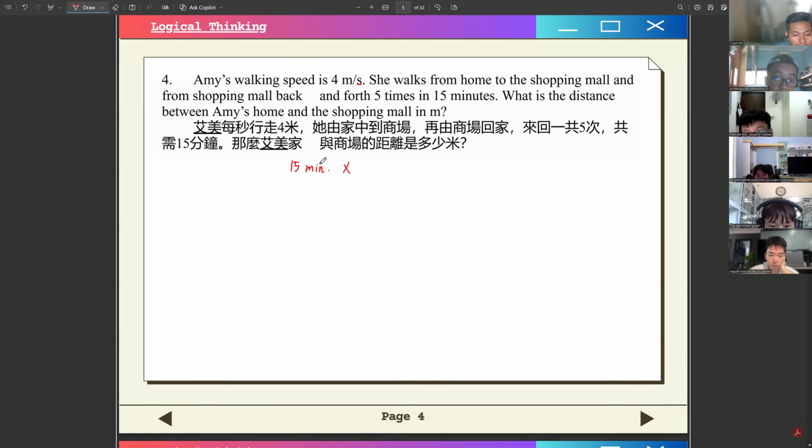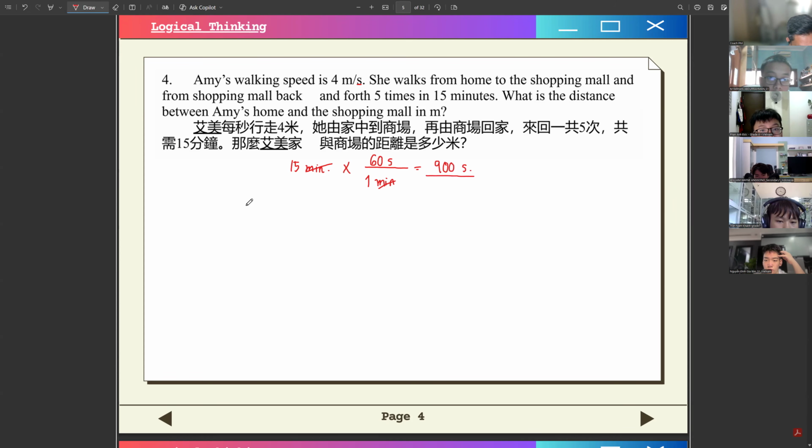What's the conversion? There's 60 seconds for every 1 minute. So we have 900 seconds. So that's the time in seconds. Okay. And then, what's the formula for the speed? This is a very commonly used formula in your physics class later on.